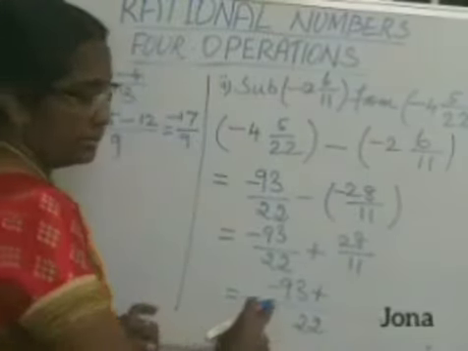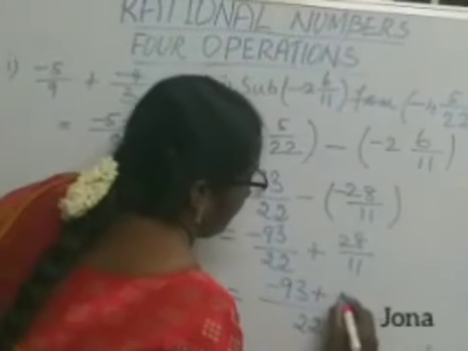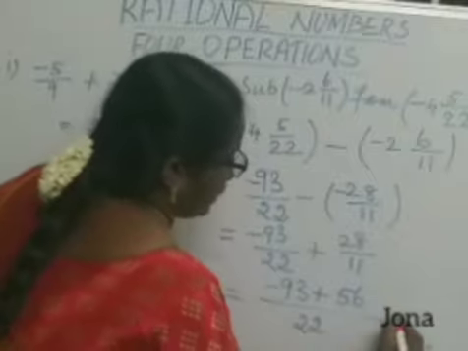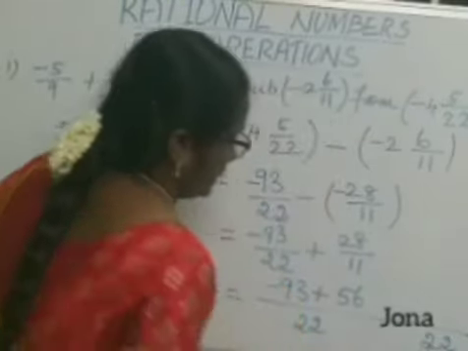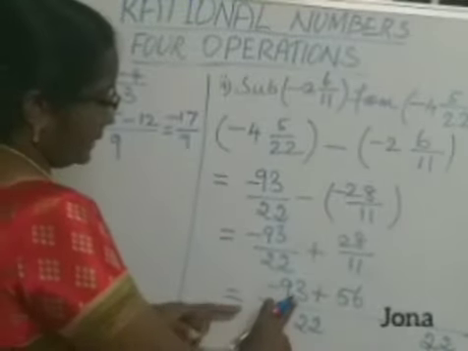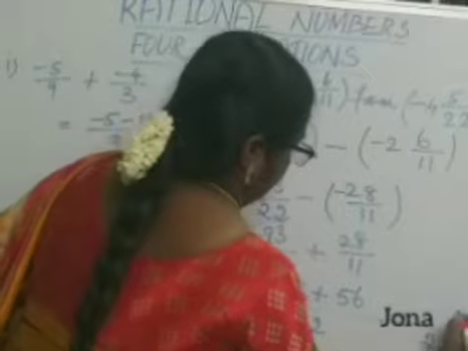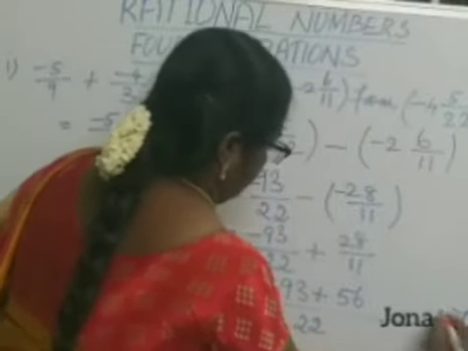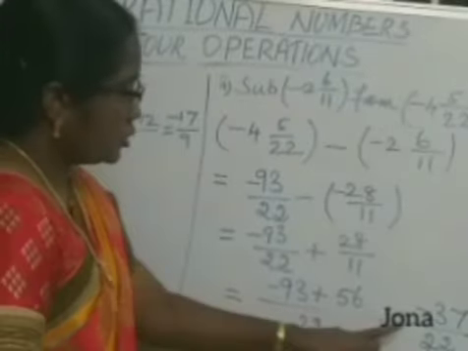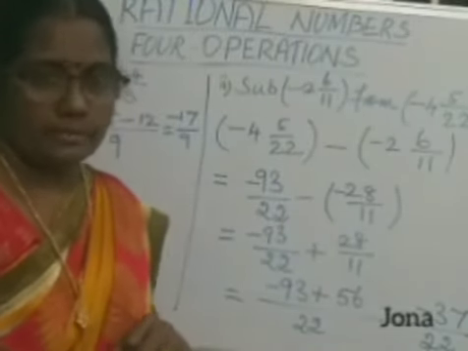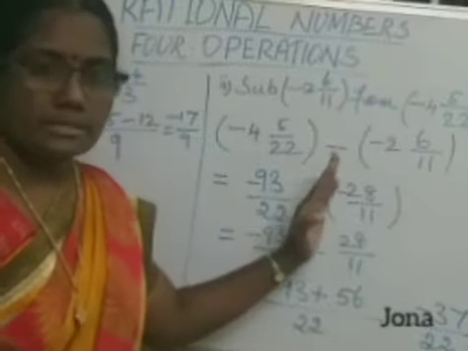Two 11s, so 2 into 28 is 56. The denominator stays as it is. Here we have to subtract this one from this one. The bigger number is minus, so put minus 37 by 22. So this is the addition and subtraction.